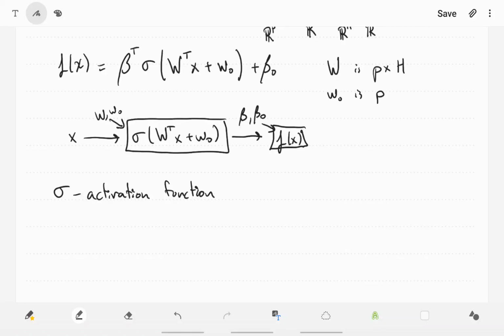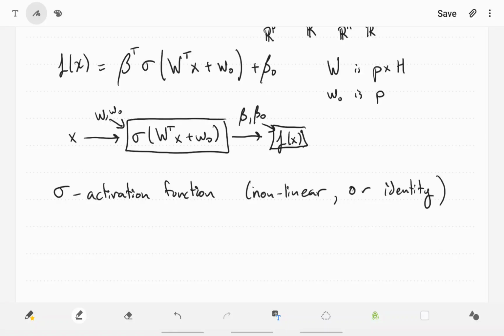There are a number of possibilities for the activation function, but it's typically nonlinear, possibly nonlinear. It could just be the identity, in which case you would maintain linearity.